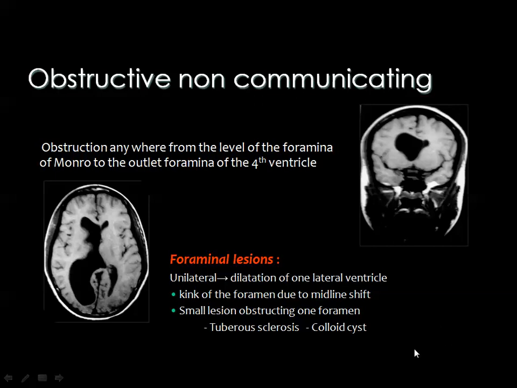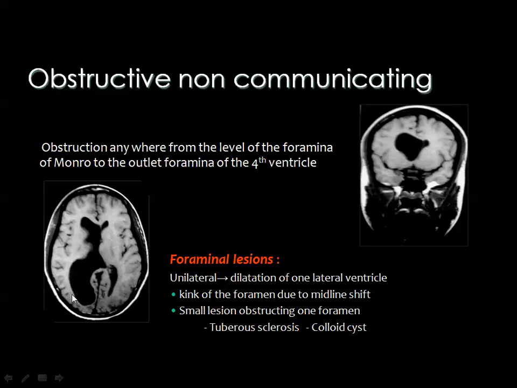And we start first with obstruction of the foramina of Monro, which may be unilateral or bilateral. If you look at this example, this is the MRI axial and coronal T1 weighted image, because the CSF is black. The left lateral ventricle is of normal size and shape, but the right lateral ventricle is markedly dilated.